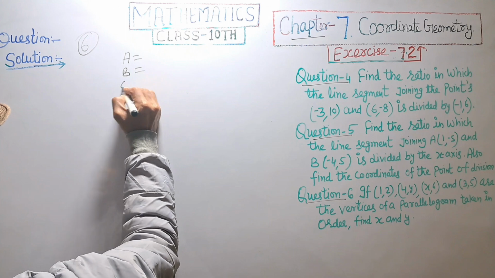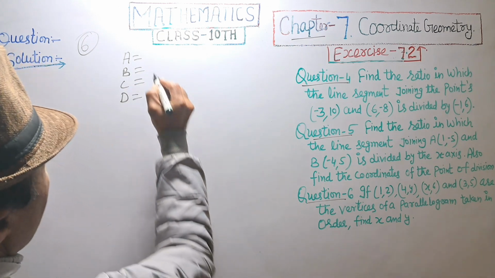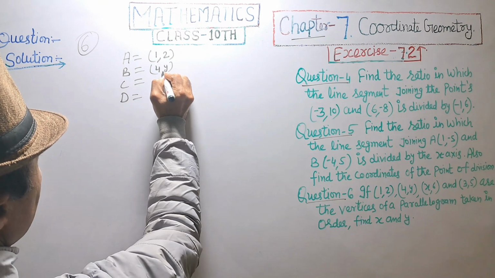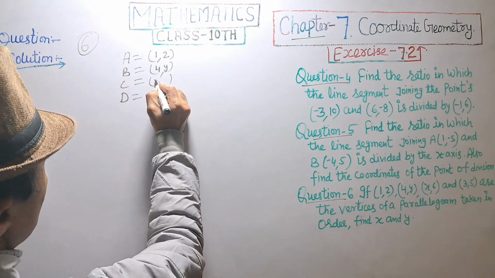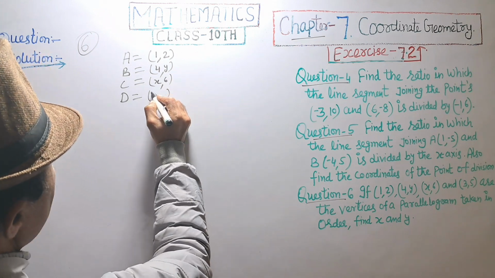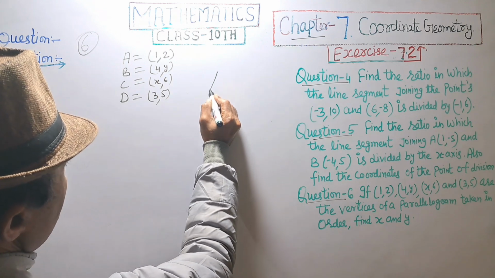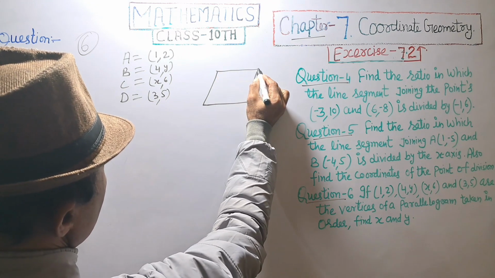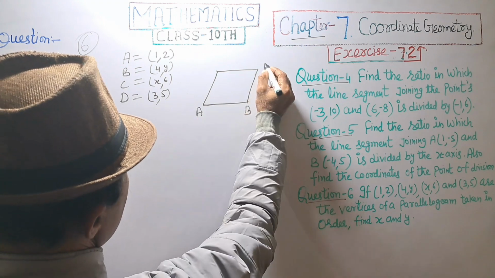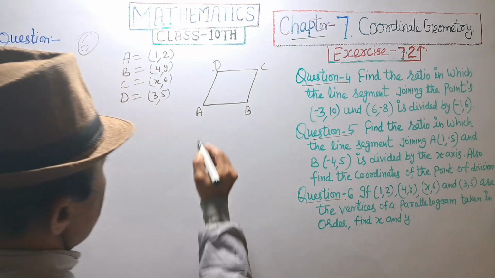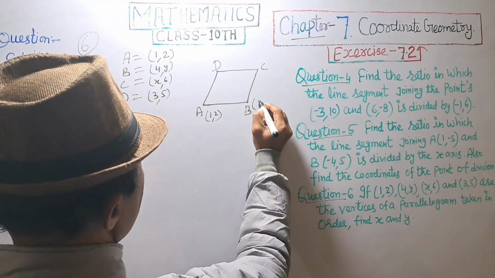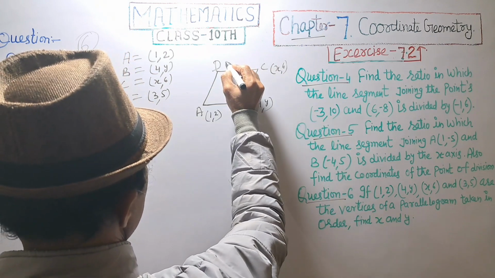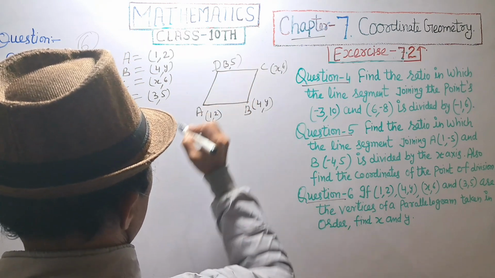Let the vertices be A, B, C and D. A is (1, 2), B is (4, y), C is (x, 6), and D point is (3, 5), and ABCD is a parallelogram.